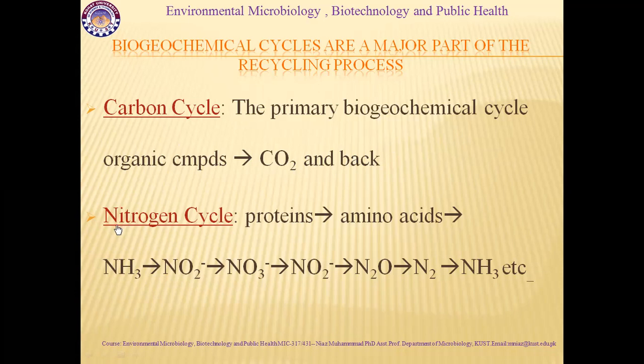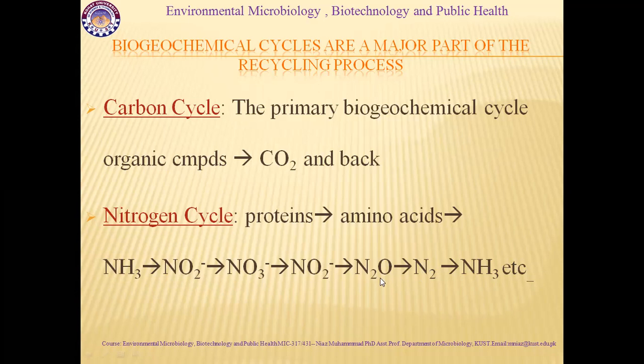And similarly, the second most abundant and mostly used organic element is nitrogen. Nitrogen is present in protein, converted into amino acids. From amino acids, it forms ammonia, ammonia to nitrite, nitrite to nitrate, from nitrate again to nitrite, nitrite to nitrous oxide, elemental nitrogen and ammonia.